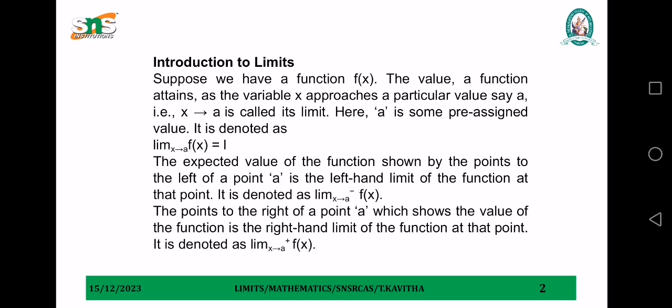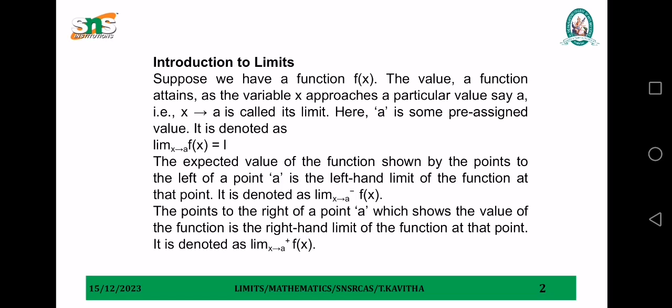The expected value of the function shown by the points to the left of a point a is the left hand limit of the function at that point. It is denoted as limit x tends to a minus f of x. The points to the right of a, which show the value of the function, give the right hand limit of the function at the point.